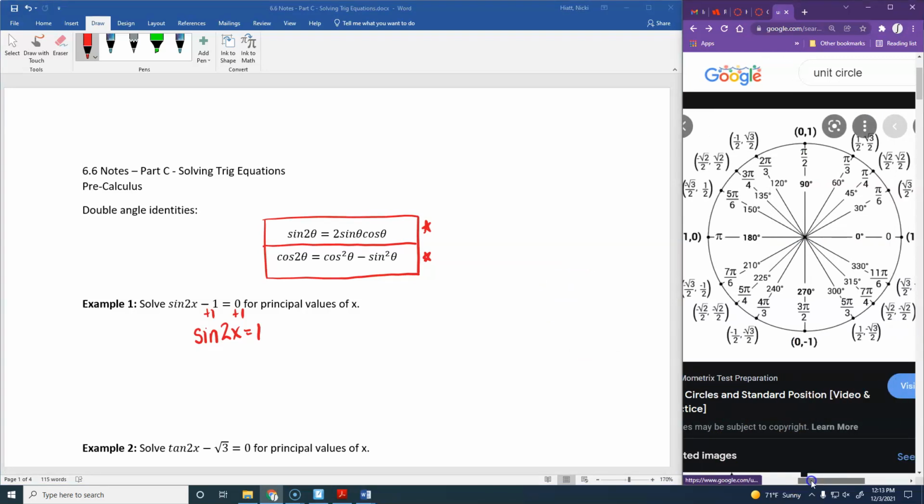Okay, so we've got our unit circle here.